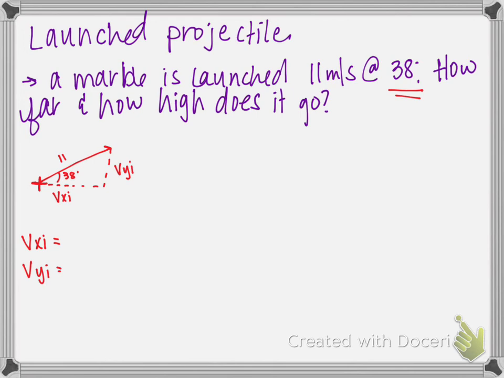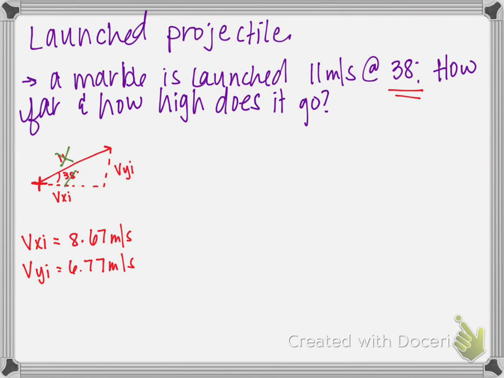Cosine. So 11 cosine 38 gives me 8.67 meters per second. And for y, we will use sine: 6.77 meters per second.